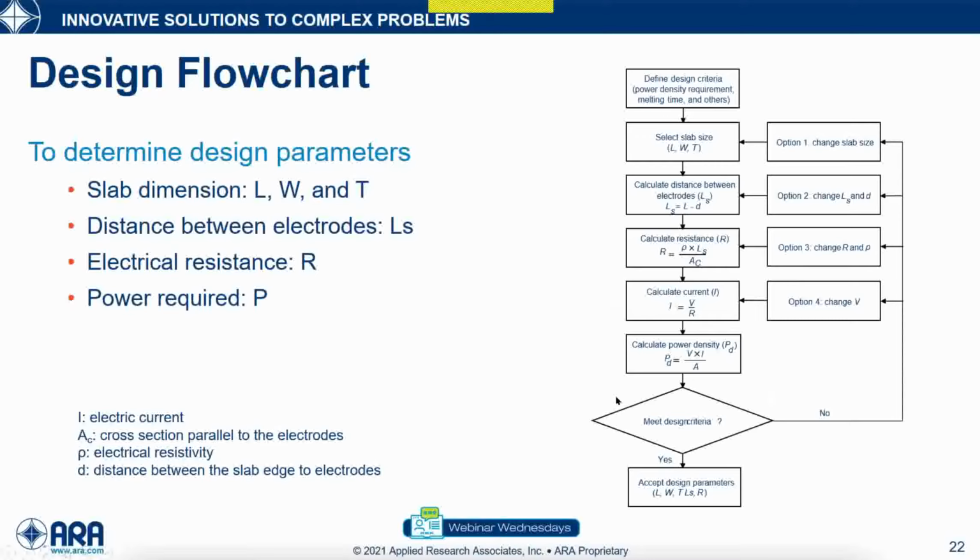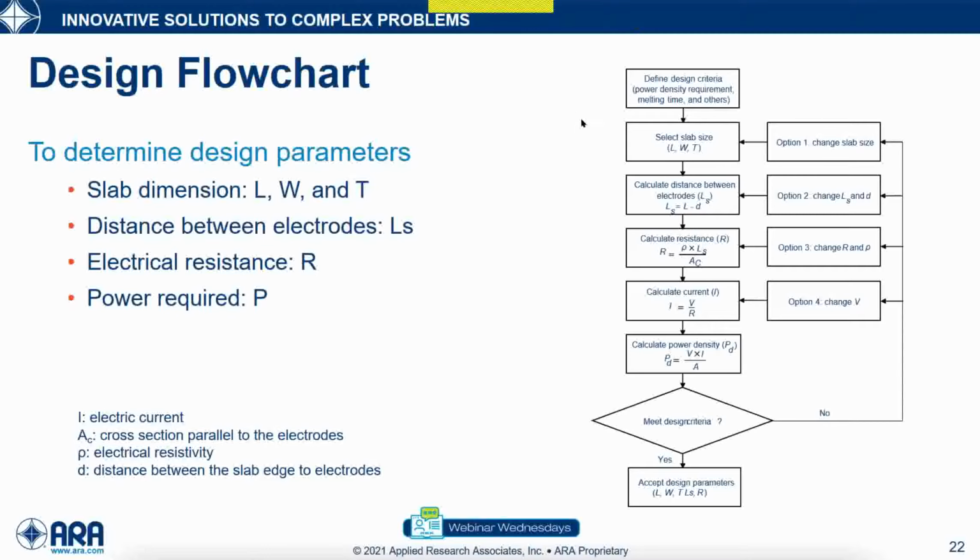So we developed this flow chart, which shows you a step-by-step way to design the system. First, you define the energy that you need, let's say 300 watt per square yard. This energy will prevent snow and ice accumulation on the paved surface, so it's site dependent.